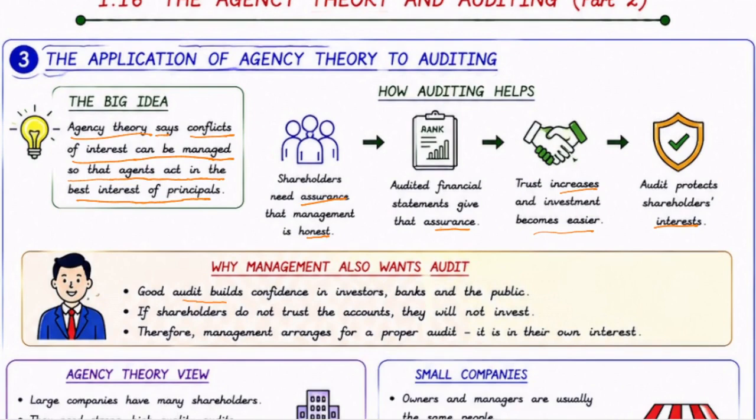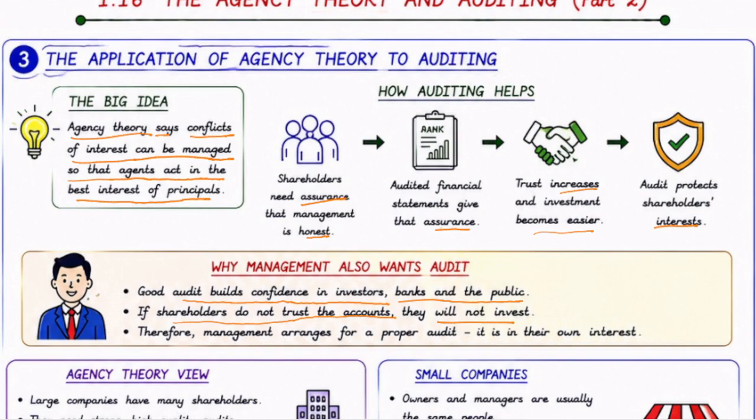Good audit builds confidence in investors, banks, and the public. If shareholders do not trust the accounts, they will not invest. Therefore, management arranges for a proper audit which is in their own interest. What am I saying? The director's interest is okay, higher pay. But they also know that if there is more investment, definitely they will get higher pay.